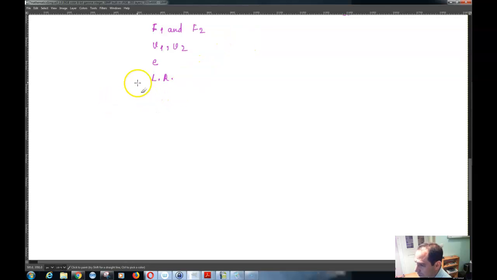So suppose that the hyperbola that you have is, for example, x squared by 9 minus y squared by 16 is equal to 1.